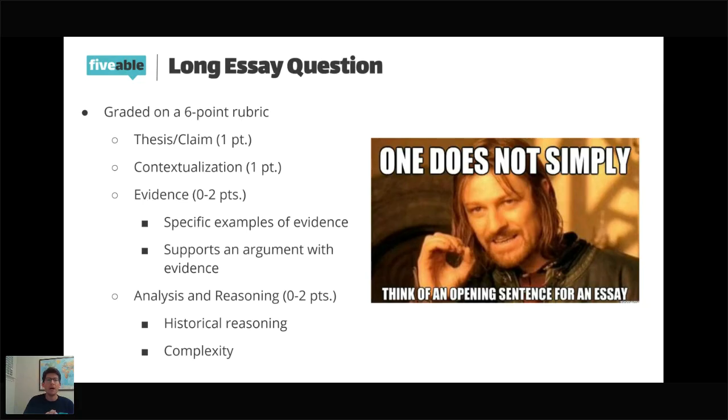Or why a specific event caused another event, or how they were connected in cause and effect. And then lastly, comparison, comparing and contrasting, and explaining why things may have been the same in 2 places, or why they might be different. So if you demonstrate that historical reasoning skill and do that analysis that explains the answer how or why, then you're going to get that point.